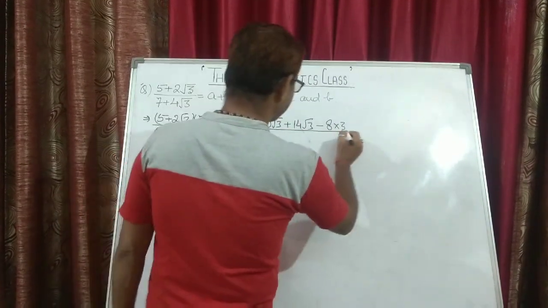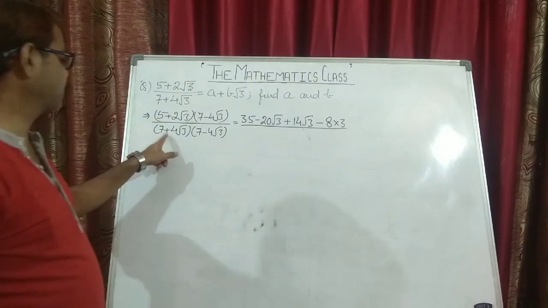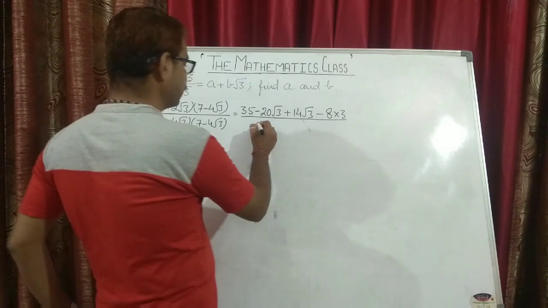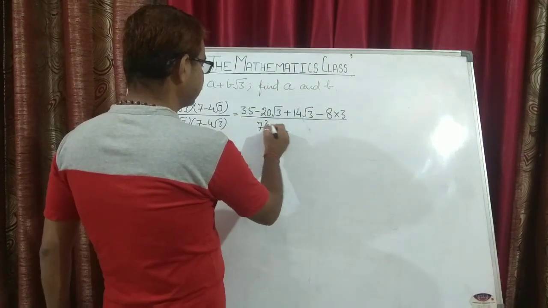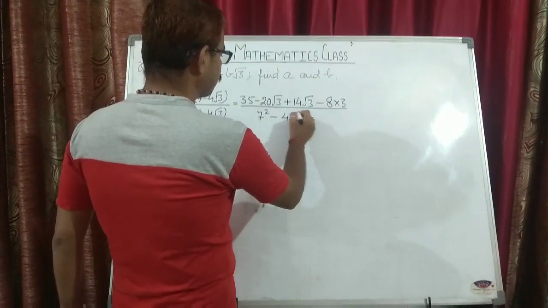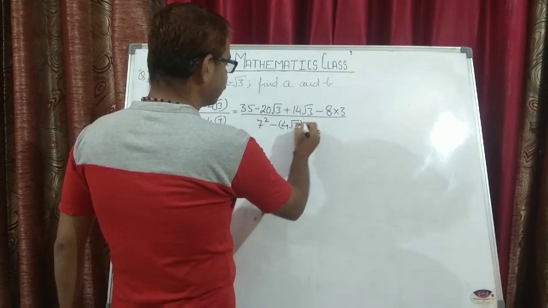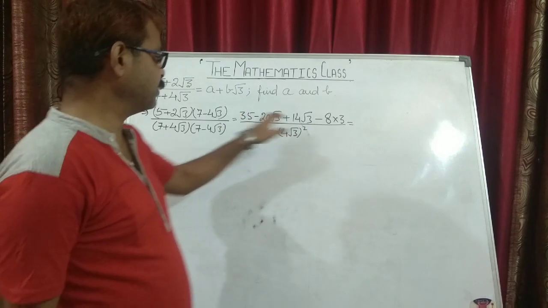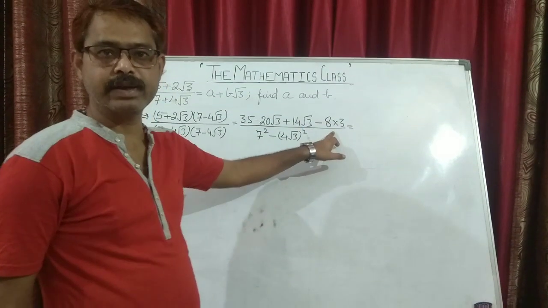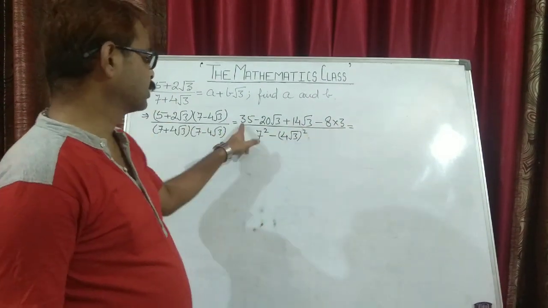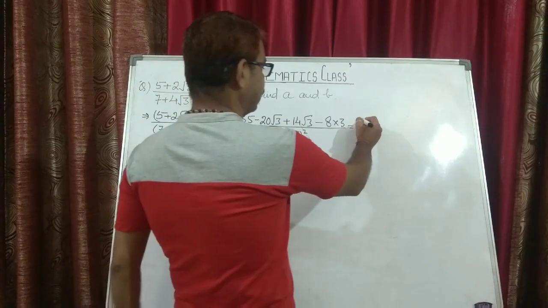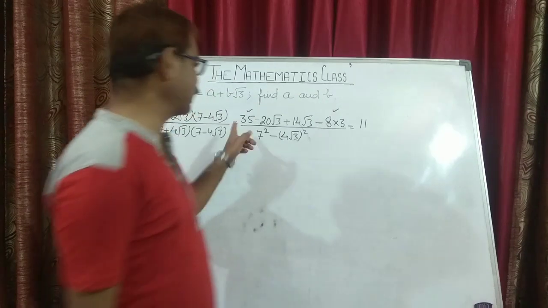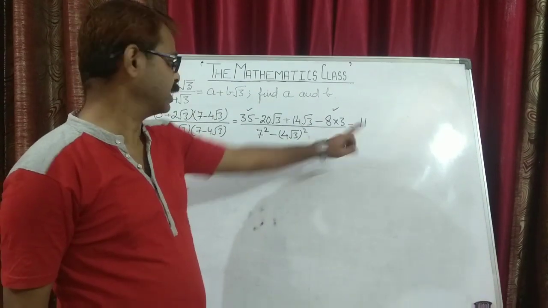Upon, this will be a plus b, a minus b, that can be written as a square minus b square. So simply 7 square minus 4 under root 3 square. Now we will solve them. 8 3s are 24. 35 minus 24 is 11.